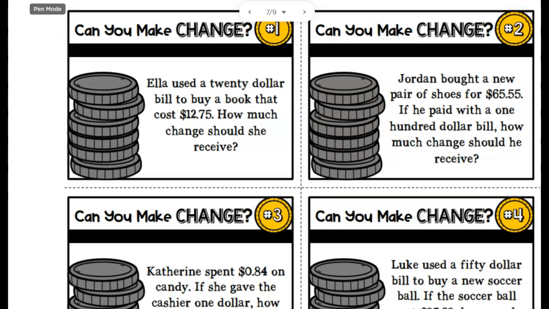Well, she gave them $20, but she paid $12.75. See how I lined up the decimal points? The hundredths place, tens place, ones place, and tens place.